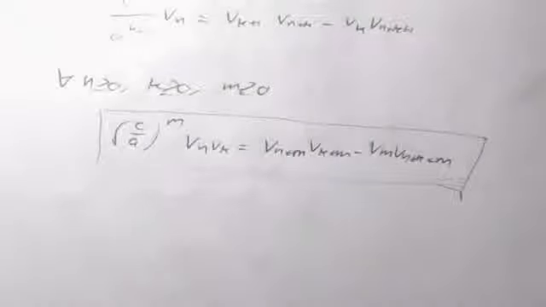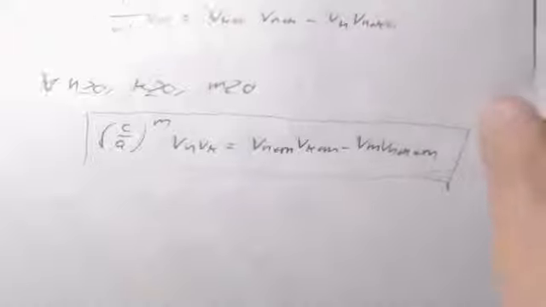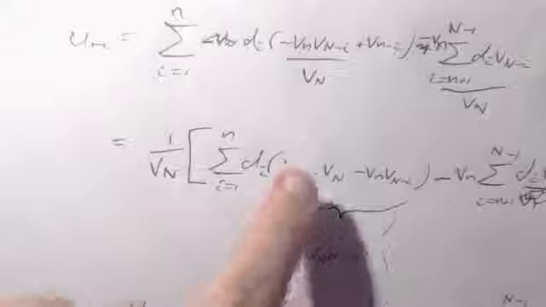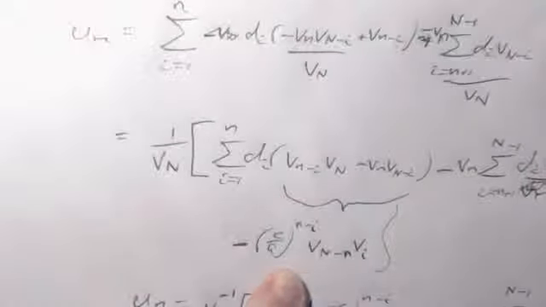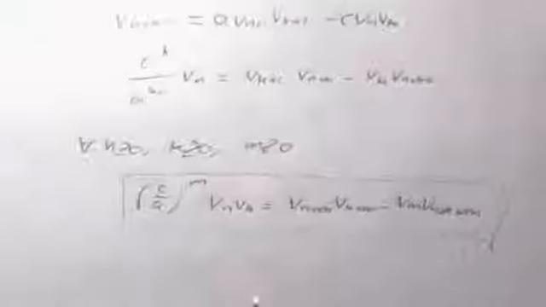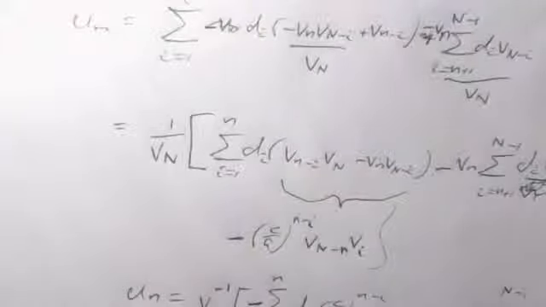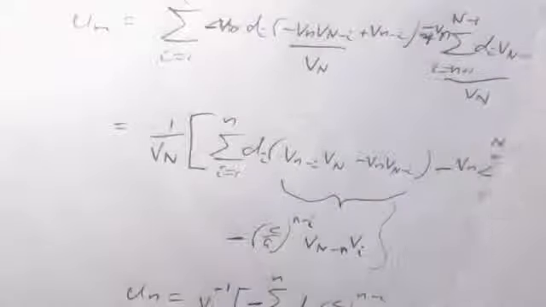So what we were after earlier, well, what did we have? Let's see if we can find it. Yeah, here we are. We had that Un was equal to this thing, and I said that this part here was equal to this here, and it's this result here that we use to show that. So I'll just quickly go through that.